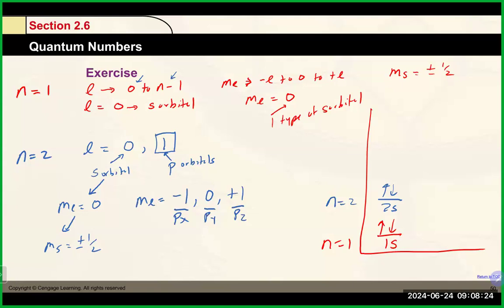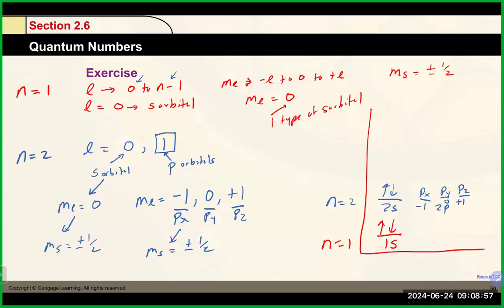So what that tells us is on the second energy level, there are also p orbitals. And there are actually 3 different types of p orbitals, which is our 2p subshell, again, our px, our py, and our pz, represented by -1, 0, and +1 for the m sub L. Each of these guys, right, can have a spin of plus or minus 1/2. Any questions on that there?